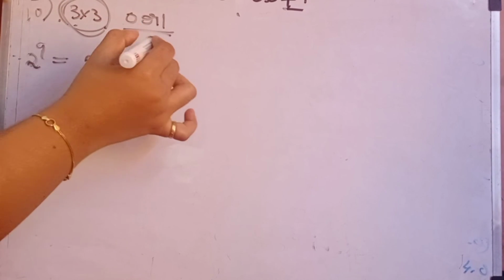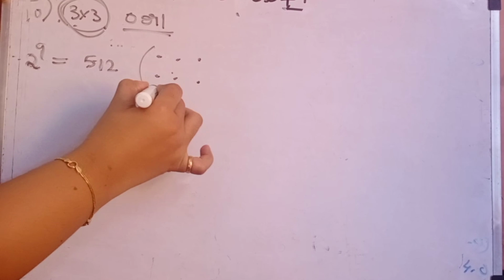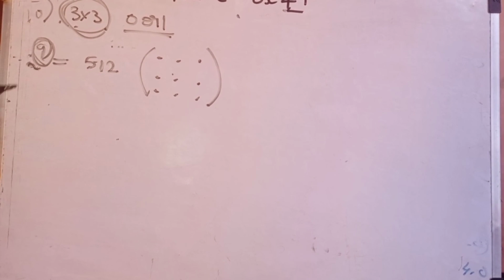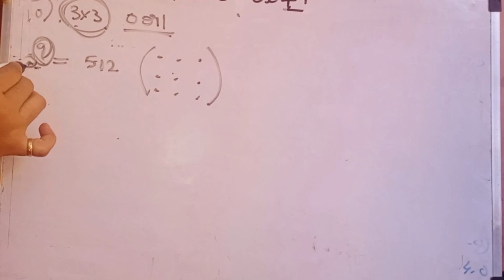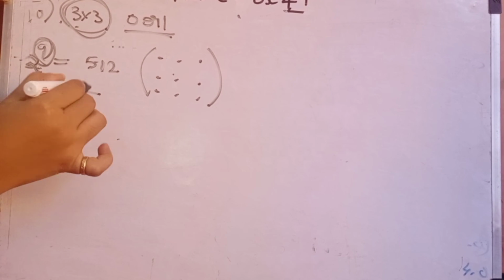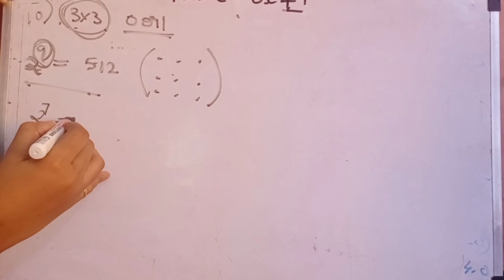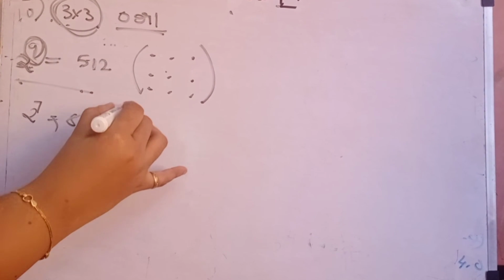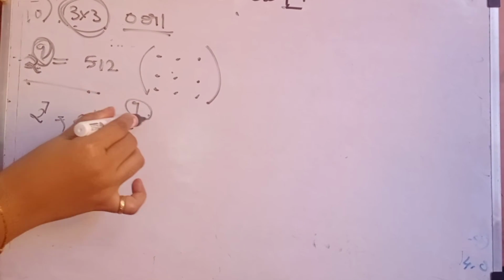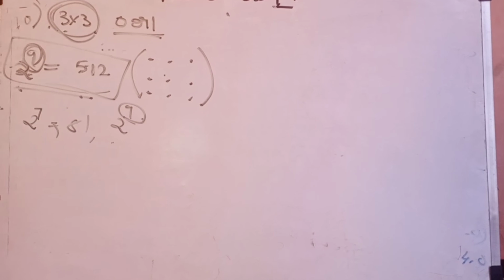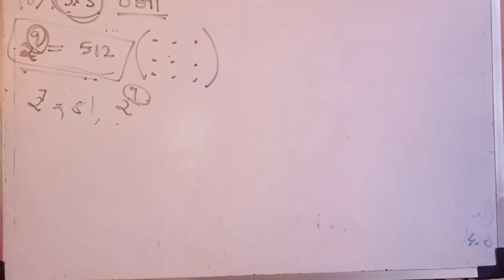A 3 into 3 matrix means we know that 9 elements should be there. The other options we won't get with 9 elements at the power. Only this option will give you 2 power 9 is equal to 512. Other options like 27, 81, they won't give the power raised to 9, right? So you won't get the 9 elements. So we are choosing the option 512. I think the D, option 4th, I think.